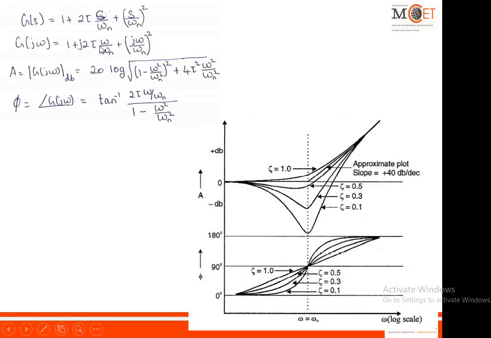You have to find the magnitude, that is, the square root of a square plus b square. You apply 20 log. The phase is tan inverse of b by a. After getting these two, you vary the frequencies and for different values of frequency you will get phi. Here the curves are shown for different damping ratios, because it is also a parameter on the right hand side, so they have given that.